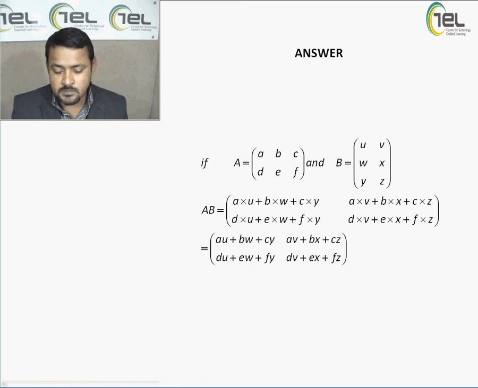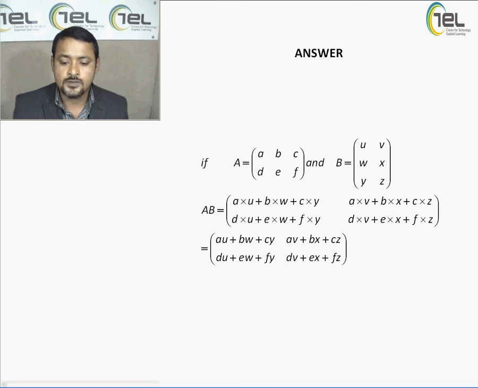So D, E, F multiplied by U, W, Y: D into U plus E into W plus F into Y comes in the second row, first place.